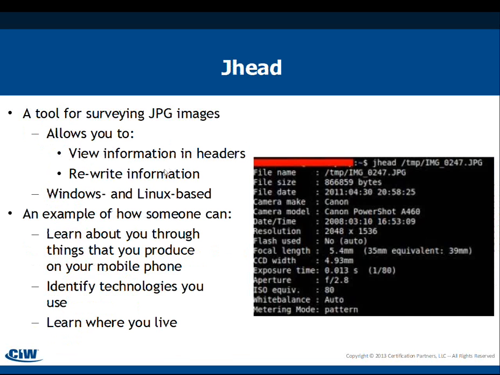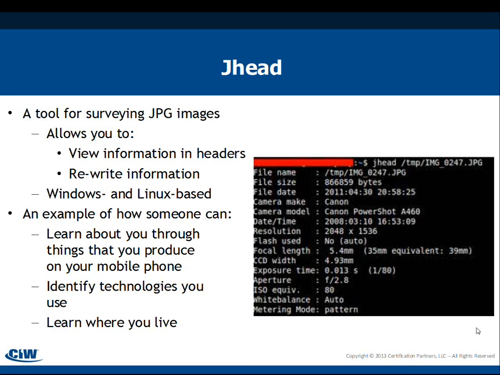Here's another piece of software. It's available on Windows and Linux, and I think even Apple operating systems. It's a tool for enumerating or surveying JPEG images. It's called Jhead because what it does is it reads the header information on a JPEG image. Take a look at that little screenshot there. That screenshot, the black screenshot, it runs Jhead against a little image.